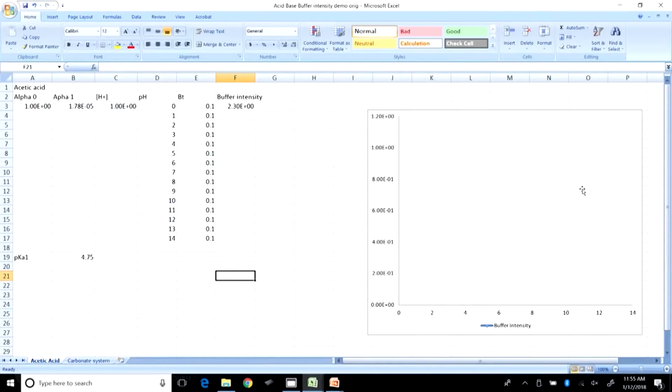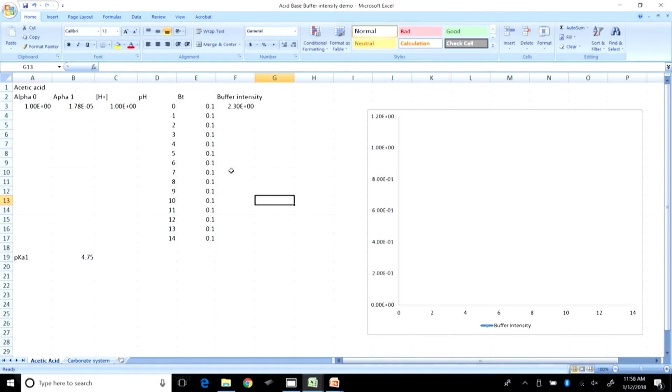So here I have acetic acid, and we know that the pKa is 4.75. I plugged in the relevant formula for alpha naught, which is H plus by H plus plus 10 to the power of minus pKa, which is K. So that is what you have here, and I have pH here, and the total buffer I am taking to be 0.1 molal, and the buffer intensity has been calculated here.